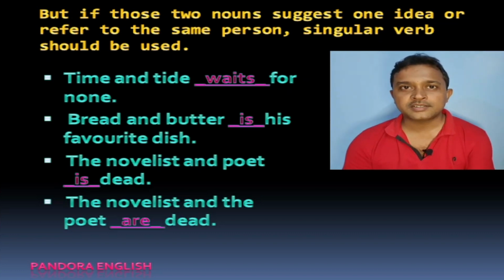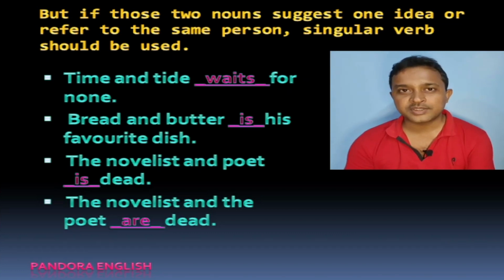Now look at the third and the fourth example. In the third example, the novelist and poet is dead, and in the next one, the novelist and the poet are dead. Here, in the third example, the noun poet doesn't have the definite article the. So, the novelist and poet, this phrase indicates the same person.